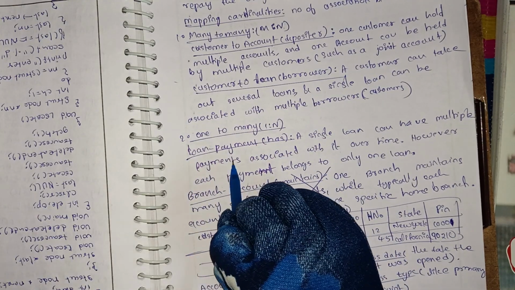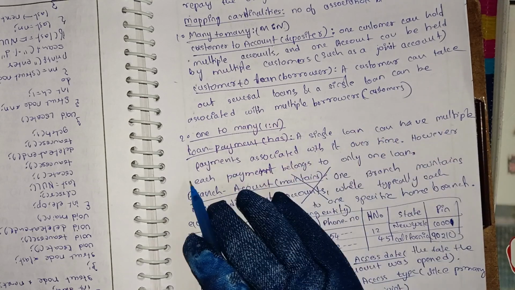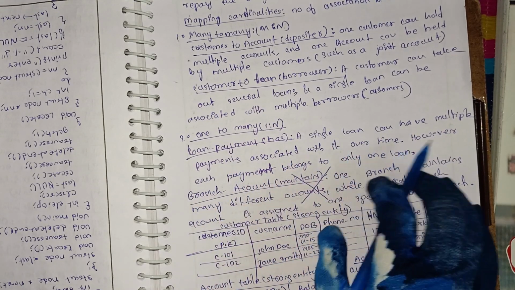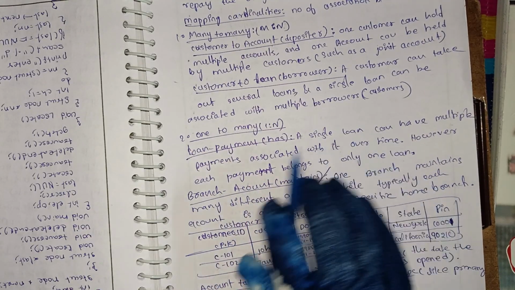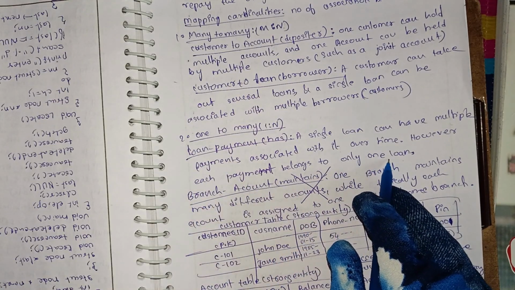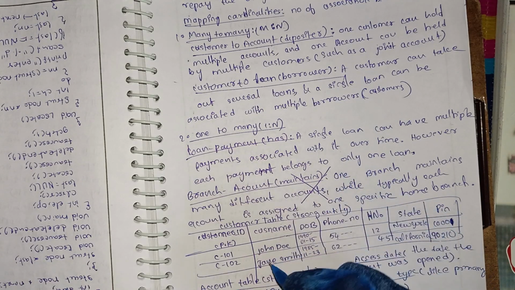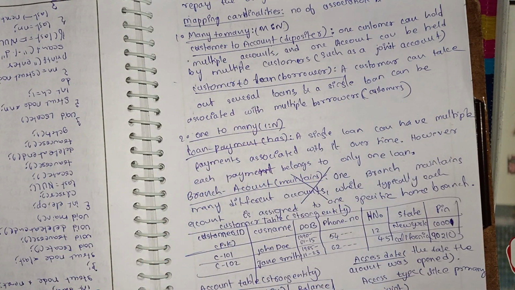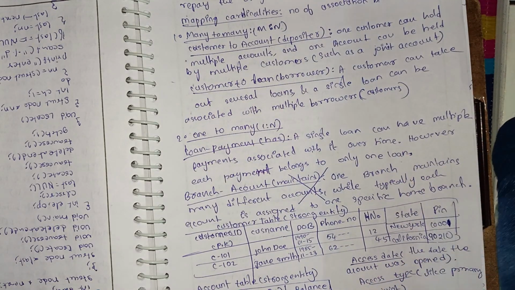That's the payments. A single loan can have multiple payments associated with it over time. However, each payment belongs to only one loan. These monthly payments all belong to only one loan. That's why it forms a one to many relationship.